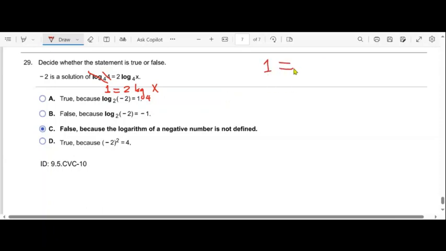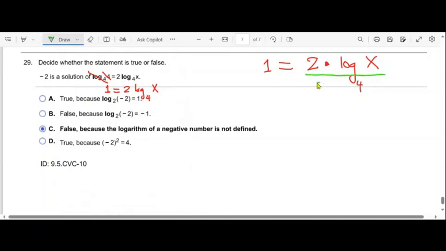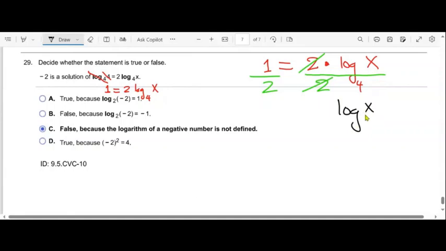You have 1 equals 2 times log base 4 of x. What should I do with the 2? We need to divide by 2 on both sides, so we will have one half. Exactly. So you have log base 4 of x equals one half. Now I need to convert this to exponential.